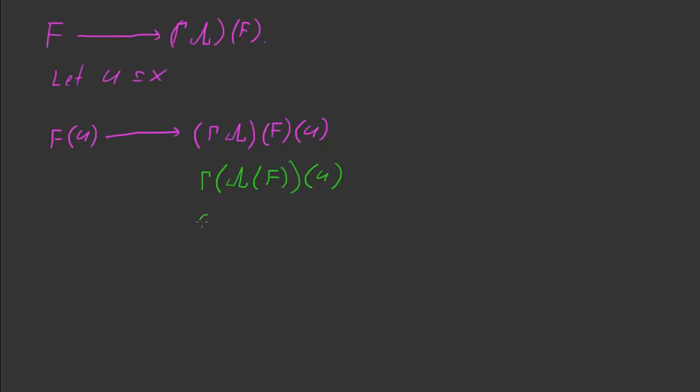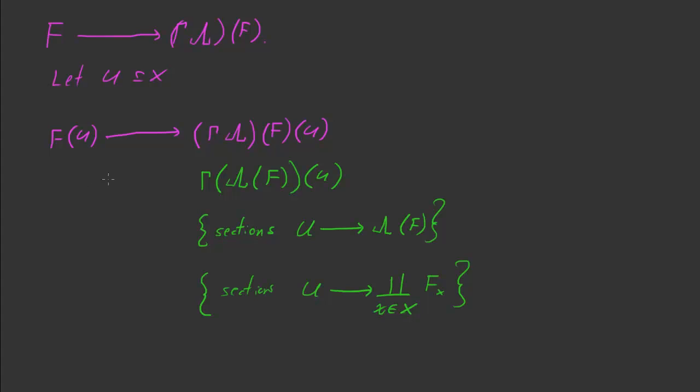So this is equal to sections from U into lambda of F. And remembering how we define lambda of F, this is sections from U into this disjoint union over all points x in X of the stalks F of x. Forgetting about the topology for a second, let me just write down what the set looks like. So we have to figure out how to define some map from F of U into this set.